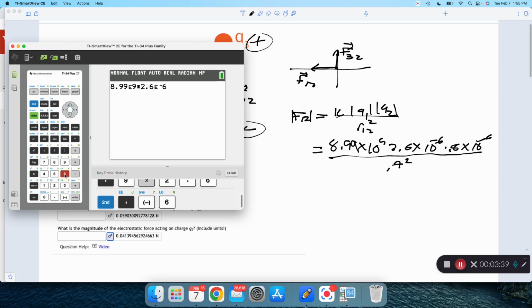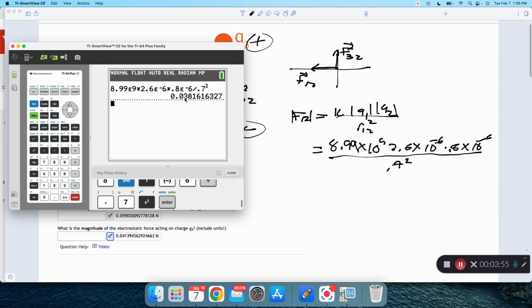Negative 6. Times 0.8 EE, negative 6. Divided by 0.7 squared. 0.0382.